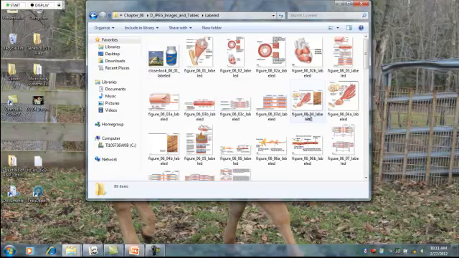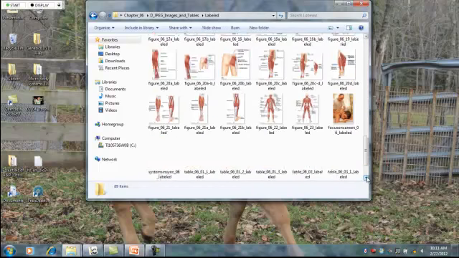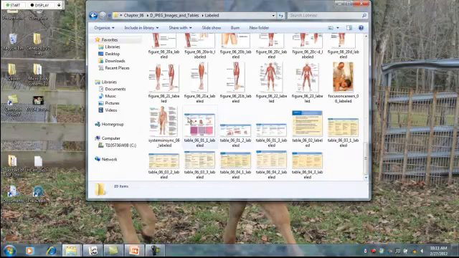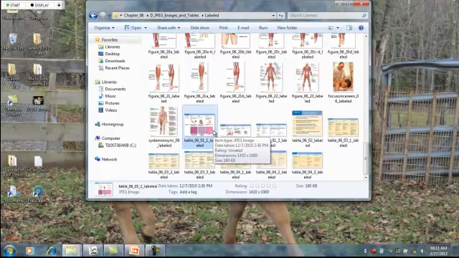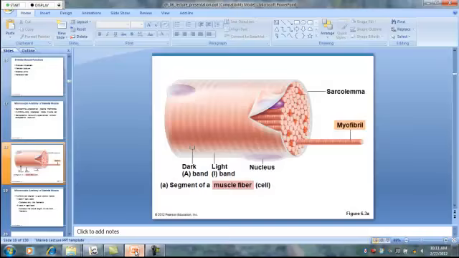Tables. I bet it's in tables down here. Here we go. This is what I want. I can bring that stuff up on my computer too, right? Yes, you can.